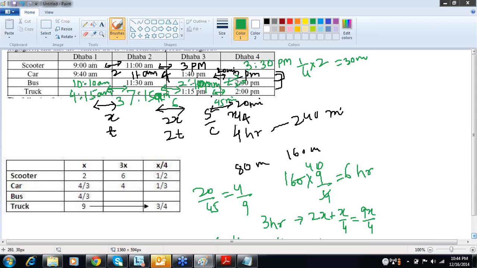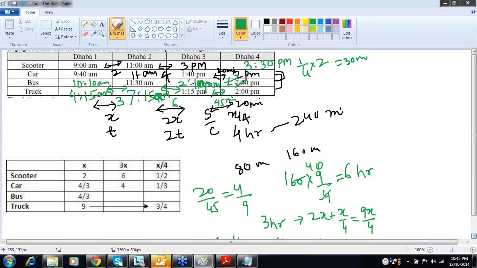Now 2 conditions have been given: at dhaba 4, 2 vehicles arrive at the same time earlier than the other 2 vehicles. Also the distance between dhaba 1 and dhaba 2 is half of the distance between dhaba 2 and dhaba 3. Okay, we'll take that into consideration.